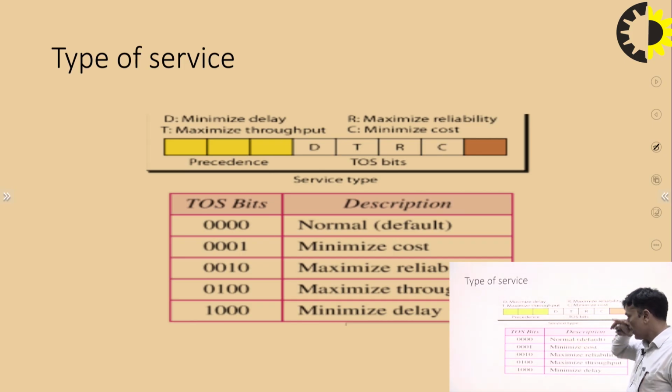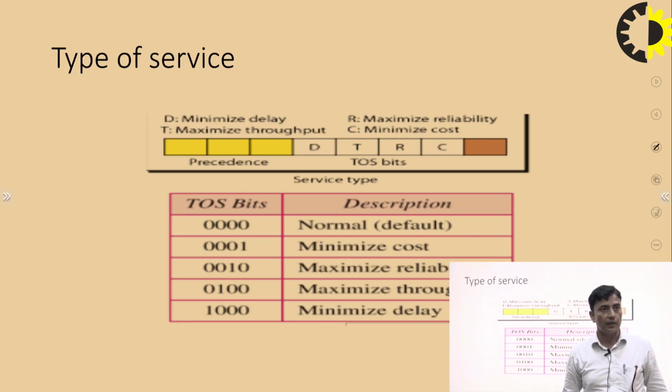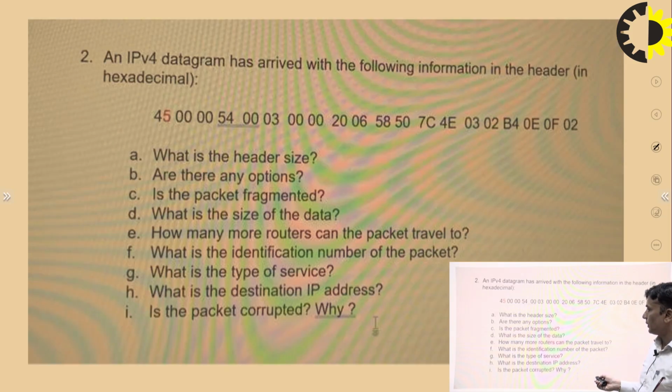If these are 0000, this is normal default data. If this contains 0001, this is minimized cost, which means this data should be delivered with minimum cost. If 0100, this is maximum reliability, which should be ensured. If it is 1000, this is minimized delay, meaning there should be the least delay and fast delivery is required. So, these are the types of services.